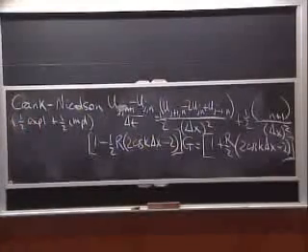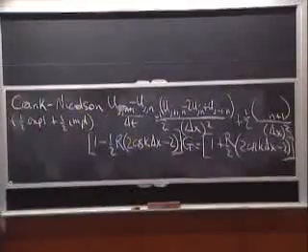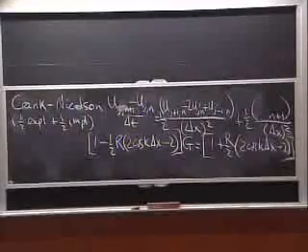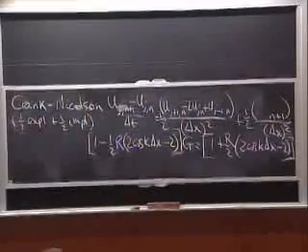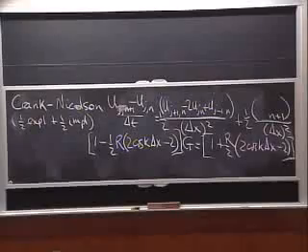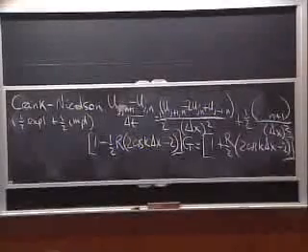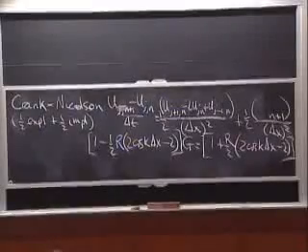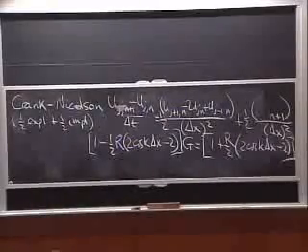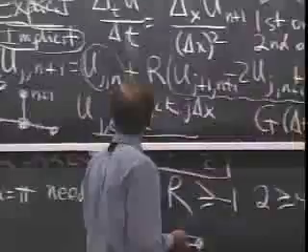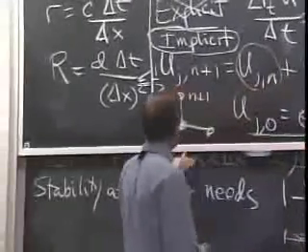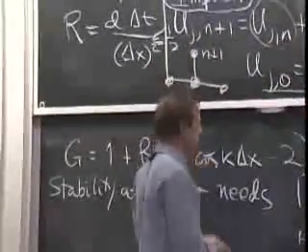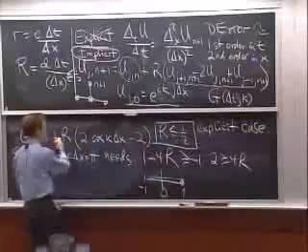I'm certainly getting to the point where I write these expressions down faster without explicitly writing e to the i k delta x and then canceling it. So g is a ratio again. In the explicit case, g was all in the numerator.